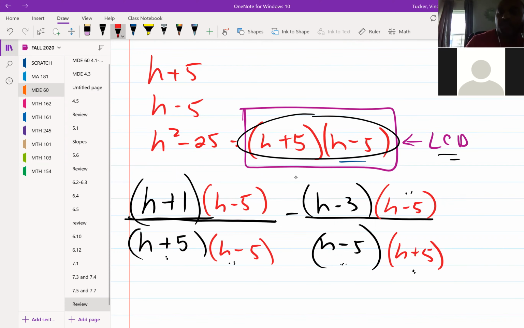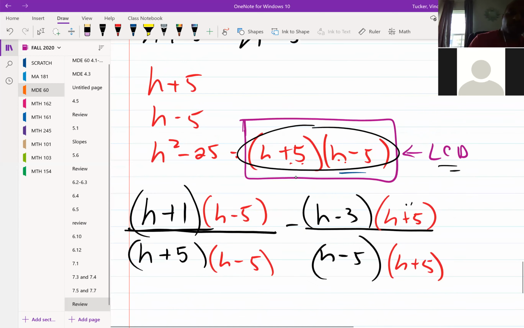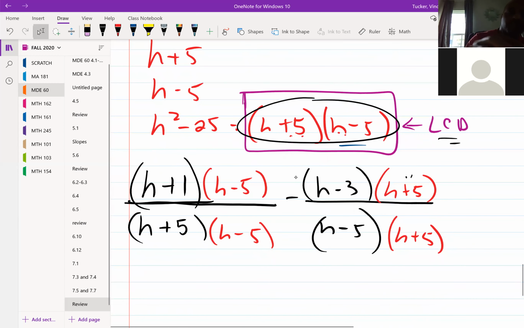So these should be h plus 5s. Sorry about that. So once again, I started off with h plus 5. In order to make it look like this, I need to multiply by h minus 5. The next one I started off with h minus 5, so I need to multiply by h plus 5. And whatever you do to the bottom, of course, you have to do to the top. The next one, I don't have to change at all because I already have h plus 5, h minus 5 in the denominator.